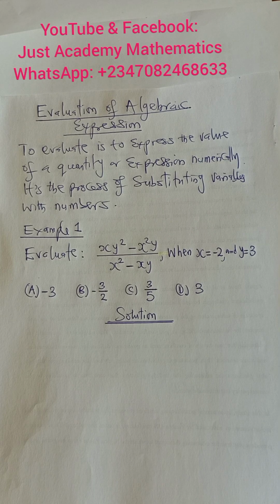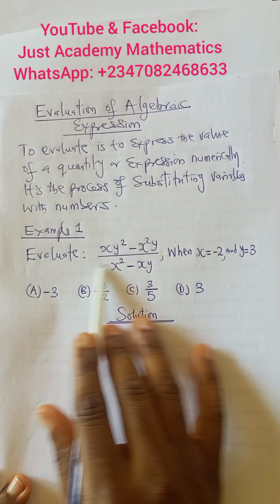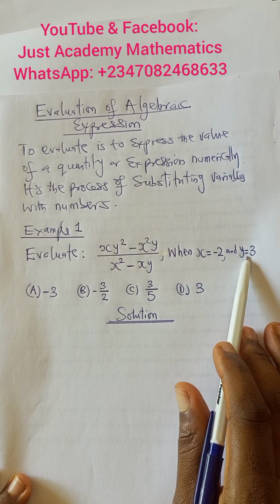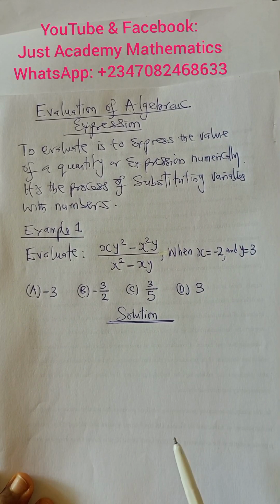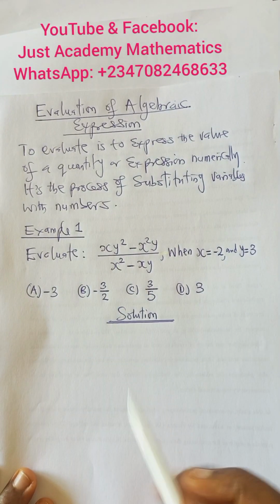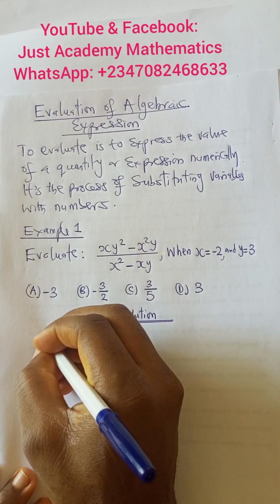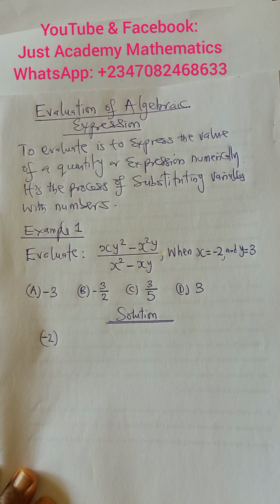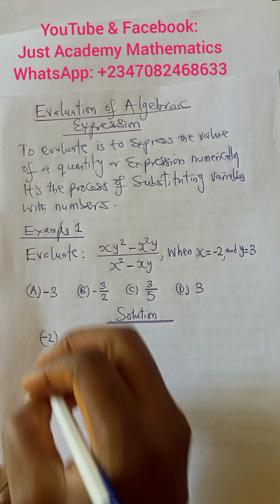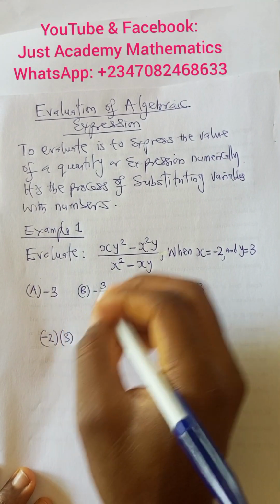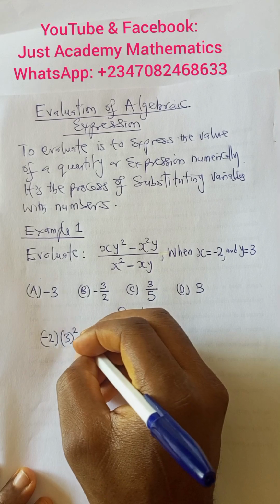So it's very simple. I believe it's something you can handle. They say evaluate this when x is -2 and y is 3. So what they are saying is that anywhere we see x here, we replace it with -2. And anywhere we see y, we replace it with 3. For this one, we put square there.